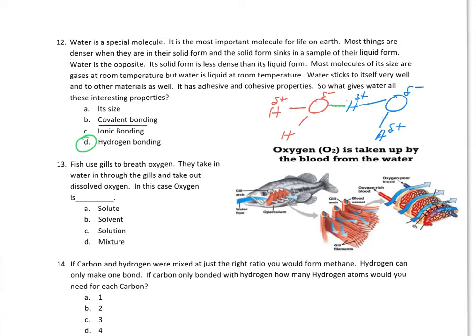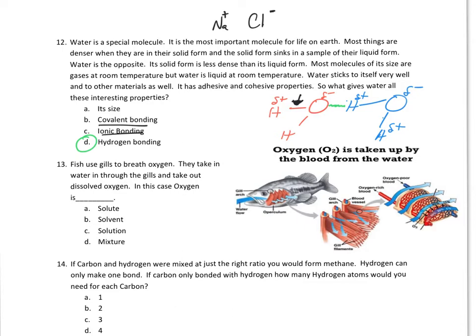So a covalent bond is this bond here. This is covalent between two atoms, and they're sharing electrons. Ionic bonds happen between things like sodium and chlorine. They take and give electrons, and they kind of hang out with each other. That's an ionic bond. Hydrogen bonds are attractions between polar molecules. Okay?